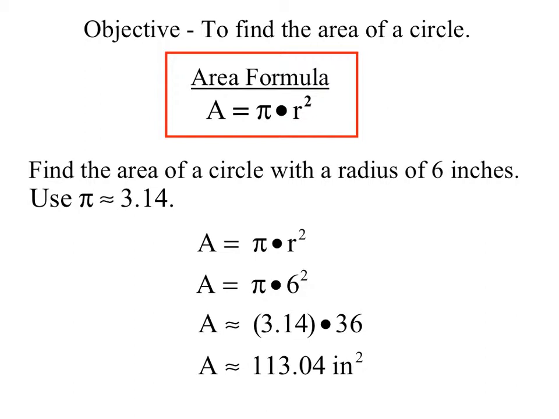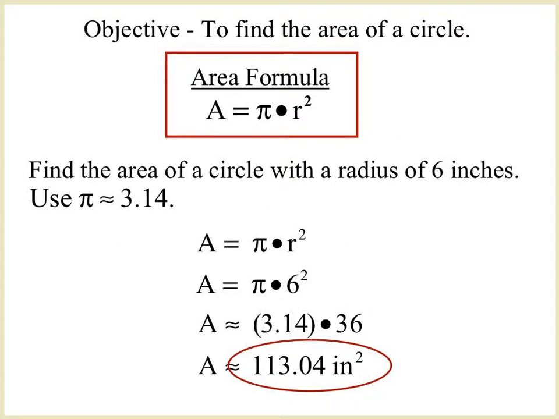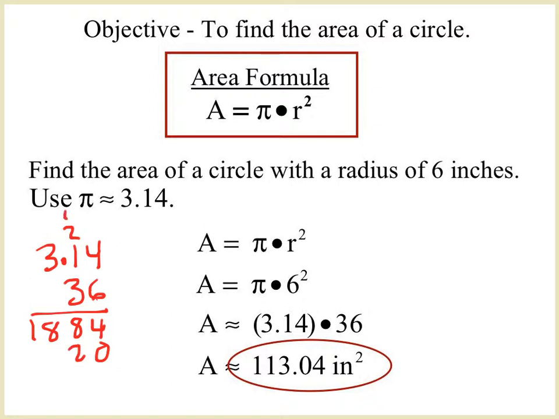In case you forgot how to multiply decimals, I'm going to do it really quick off on the side. 36 times 3.14. You take the number with fewer digits times 3.14. 6 times 4 is 24, carry the 2, it's 8, it's 18, add a 0, and 3 times 4 is 12, carry the 1, 3, 4, and 3 times 3 is 9.